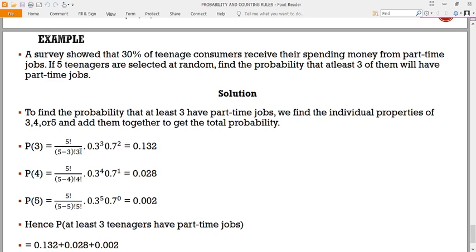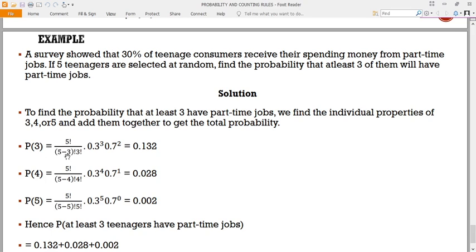So 3 factorial will mean getting 3 times 2 times 1. Then 4 factorial will be 4 times 3 times 2 times 1. 5 factorial will be 5 times 4 times 3 times 2 times 1. Otherwise, you can easily get this on a calculator. When you use a scientific calculator, there is a button that has this exclamation mark, which means factorial.